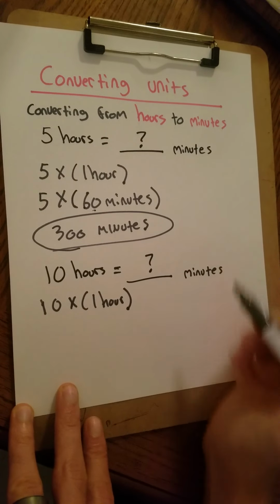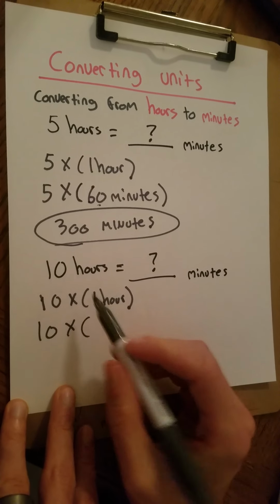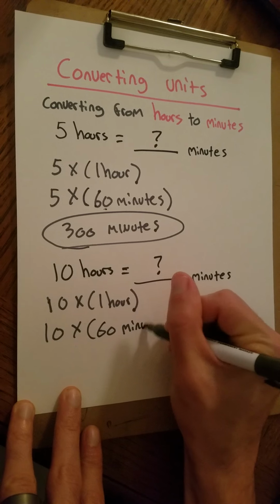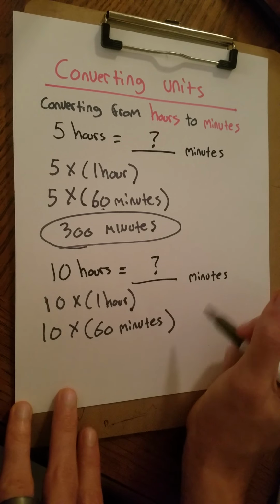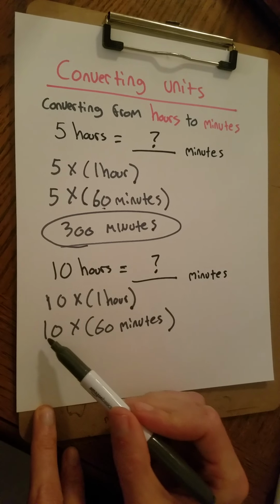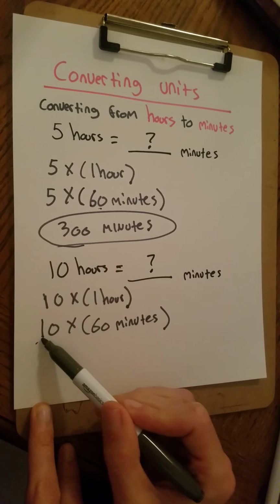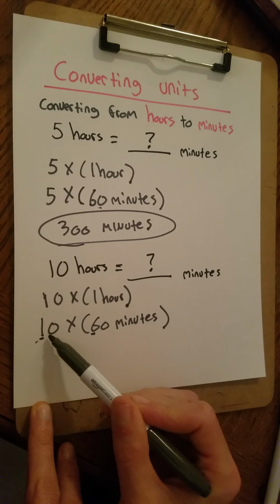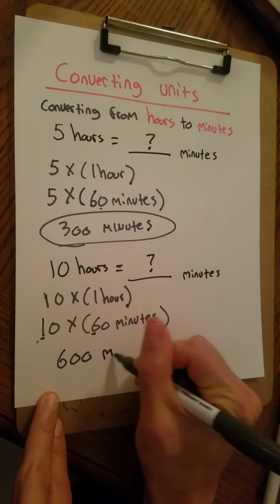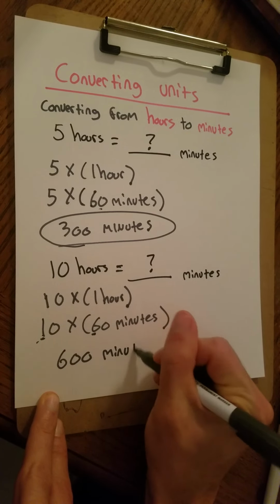And then I'm going to convert my 1 hour into minutes. 1 hour equals 60 minutes. Now to solve, I do 10 times 60. I'll multiply my non-zero numbers, 1 and 6, which gives me 6. Add the 2 zeros, which gives me 600 minutes. 10 hours equals 600 minutes.